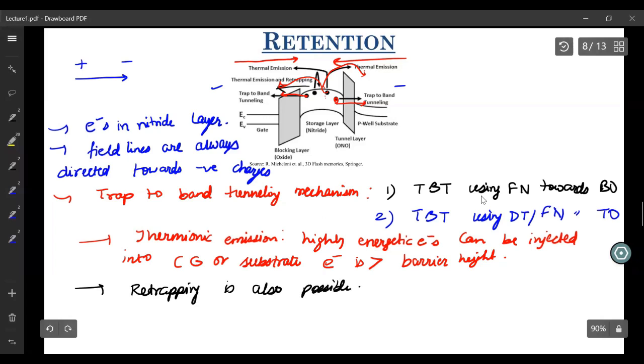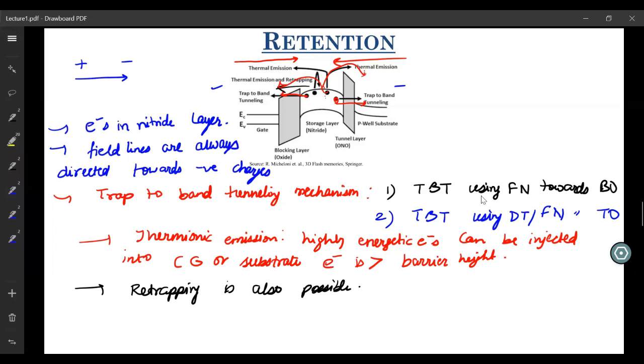Okay. So these are the mechanisms which are responsible for loss of charge or leakage of charge from this nitride layer. And there are several engineering approaches possible at different material levels. For instance, you can engineer your tunnel oxide layer, your blocking oxide layer, or your storage layer, so as to mitigate some of these issues like erase saturation and even back tunneling from your blocking oxide.